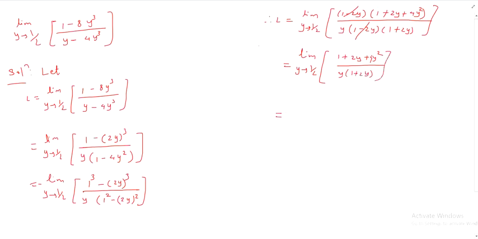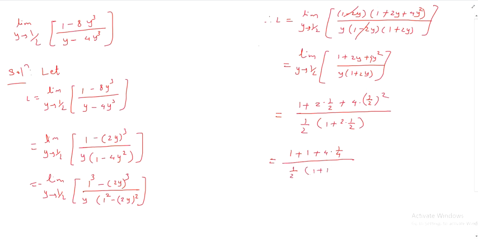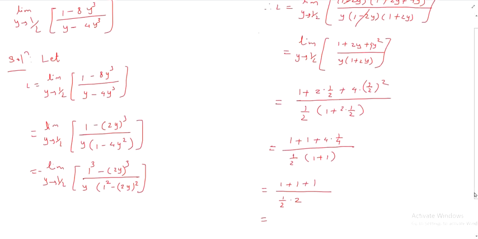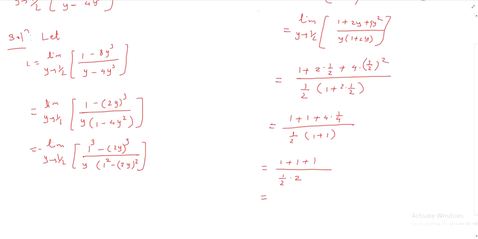Now here we can substitute the limit directly: 1 plus 2 into half plus 4 into half square by half into 1 plus 2 into half, is equal to 1 plus 1 plus 4 into 1 by 4, and half into 1 plus again 1, that is 1 plus 1 plus 1 upon half into 2, is equal to 3 by 1, that is 3.